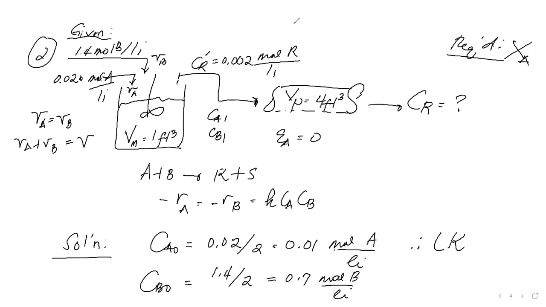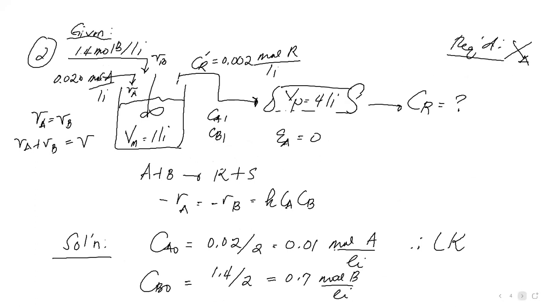So I will just change this to liters, and we'll also have the problem edited in a little while. So this is 1 liter. This is 4 liters. That way we will not edit anymore.